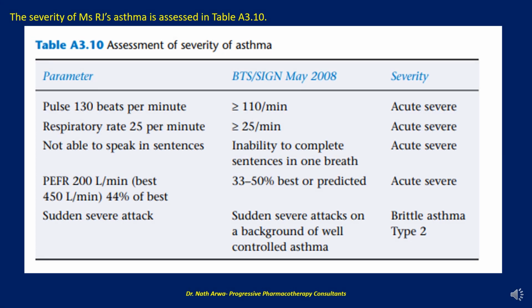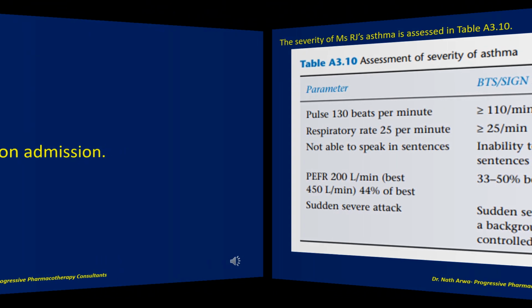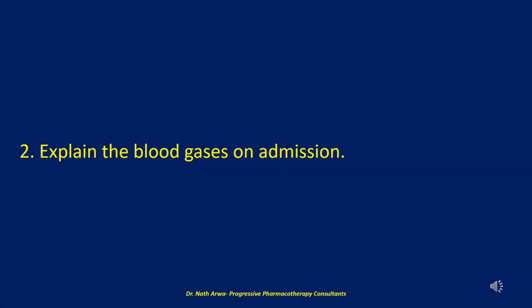The severity of Muzar J's asthma is assessed in Table A3.10. Pause the video and carefully scrutinize Table A3.10 summarizing the assessment of severity of asthma before proceeding to the next slide. Question 2 reads, explain the blood gases on admission.